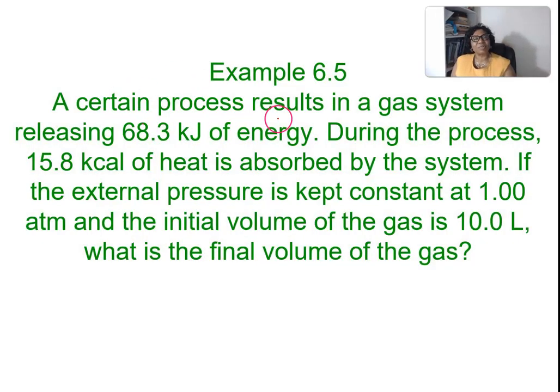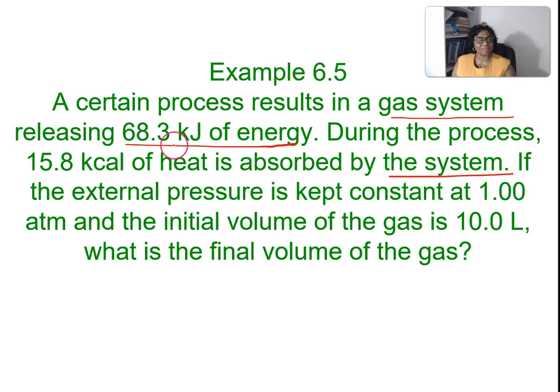A certain process results in a gas system releasing 6.83 kilojoules of energy. So the gas system is releasing energy. During the process, 15.8 kilocalories of heat is absorbed by the system.